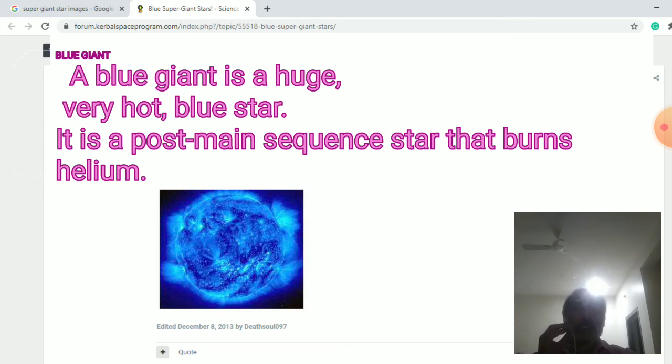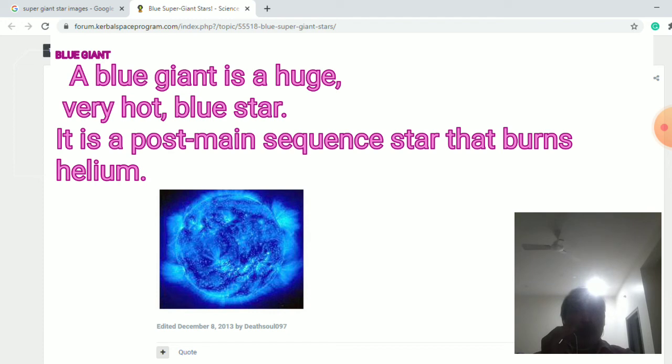Blue giant stars are reached after the main sequence. When hydrogen is completely converted into helium at the core of the star, it reaches the next stage, which we call the post main sequence.